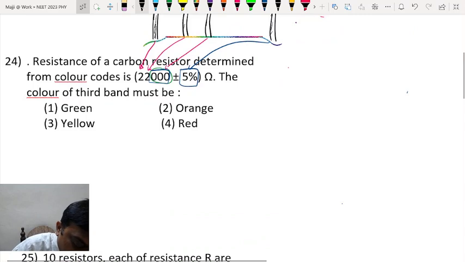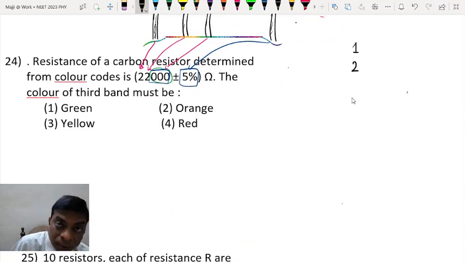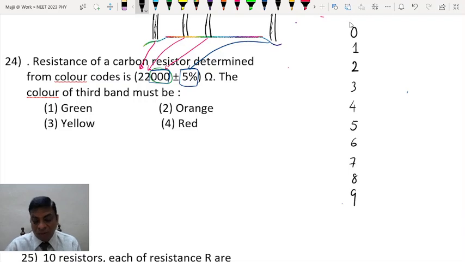Okay, so you can number the colors from 0 to 9. Total 10 digits must be there, so one digit is 0, and you have to start from 0.